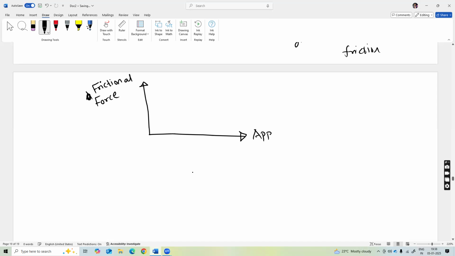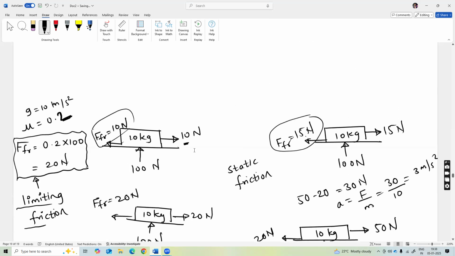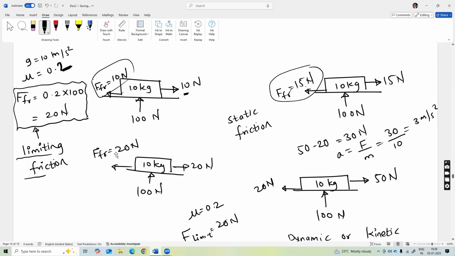Okay, so we have seen when we applied 10 Newton force, the frictional force was also 10 Newton. And the limiting value was 20 Newton. So when the applied force was 15, the frictional force was also 15. When the applied force was 20, the frictional force was also 20.